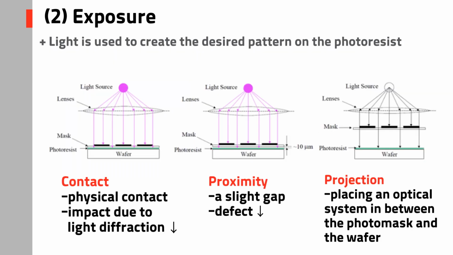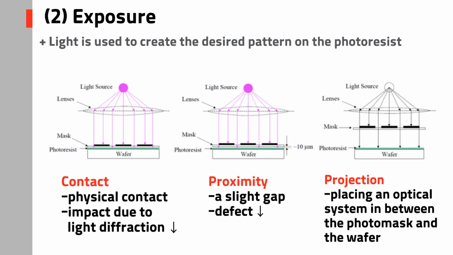The second step is exposure, where light is directed onto the photoresist to create the desired pattern. There are three main types of exposure methods. 1. Contact. In this approach, the mask and the substrate physically touch during exposure, making it less susceptible to light diffraction. 2.